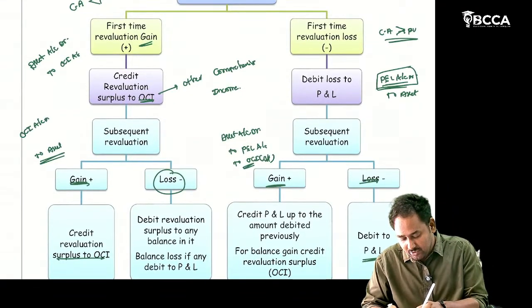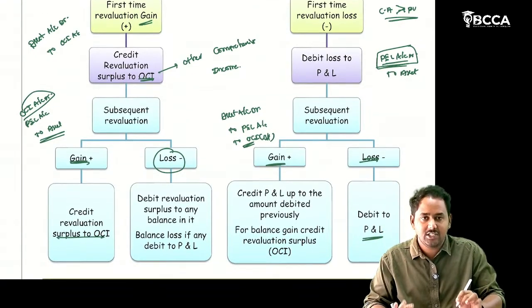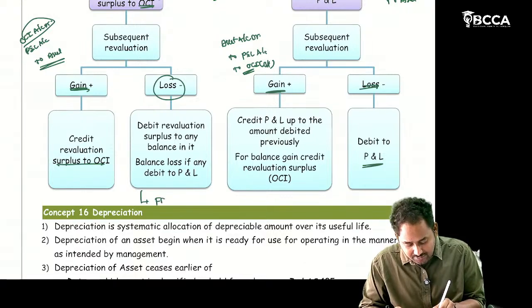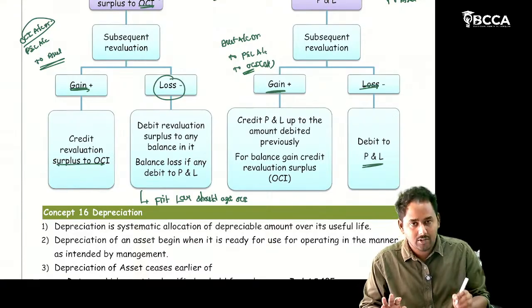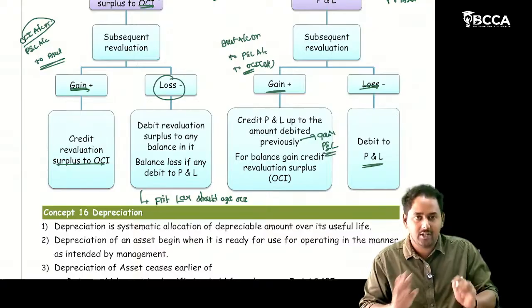So OCI account debit, and the remaining loss should be transferred to P&L. First the loss should be adjusted against OCI. In the earlier case, the first gain should be adjusted against P&L. That is the difference.